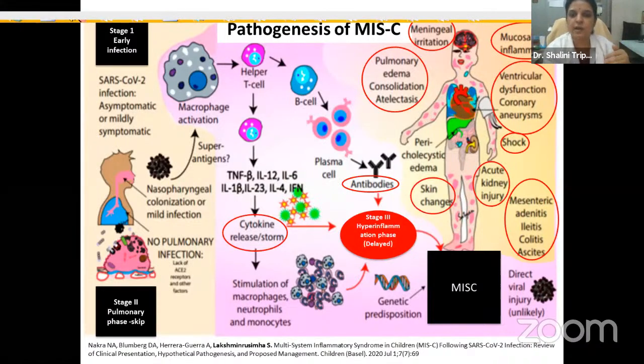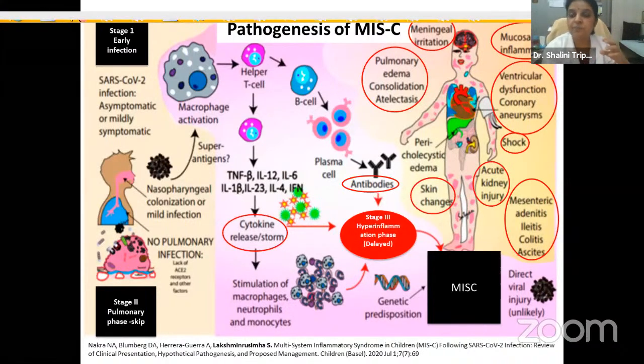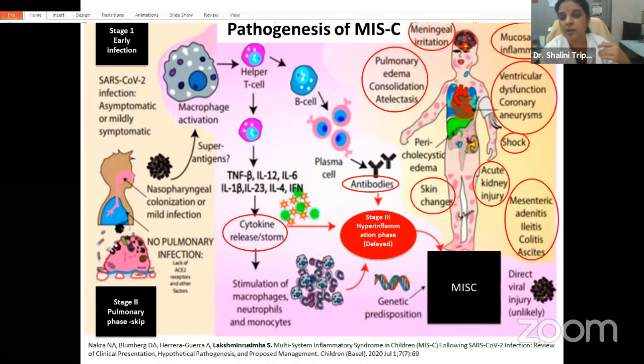And these cytokines and antibodies produce this hyperinflammatory state, which affects almost all systems from head to toe in a child. This is called multi-system inflammatory syndrome in children, in short, MIS-C.